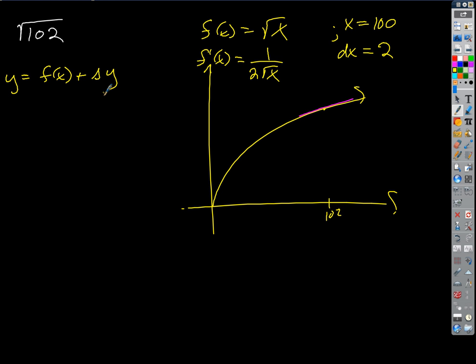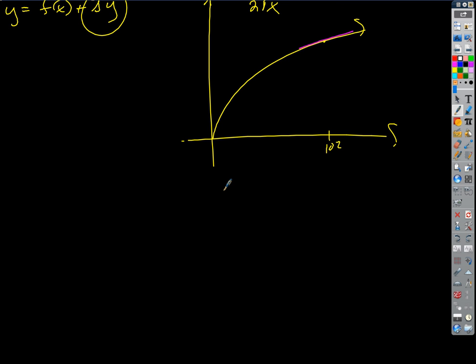The value of the square root of 102 is going to be the square root of 100, where x is 100, plus the amount that our function is going to change. But we can approximate that by dy. So what is dy then? dy equals f prime of x dx. So what's our differential formula again? dy equals?